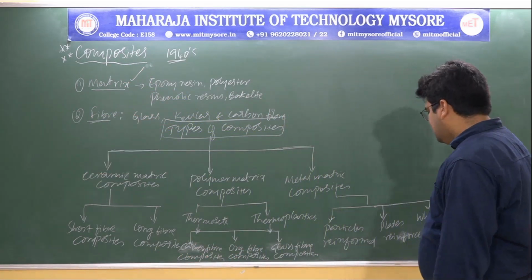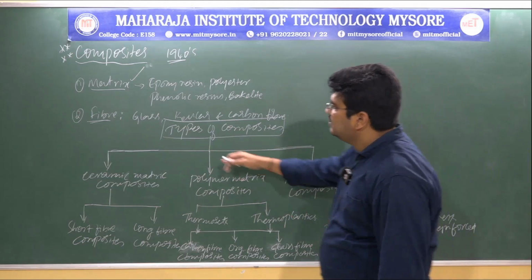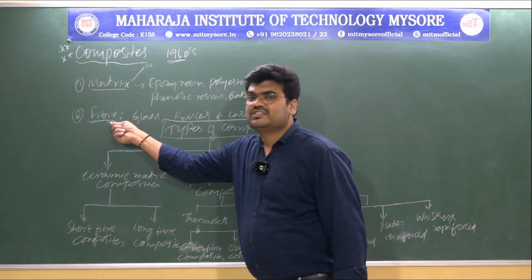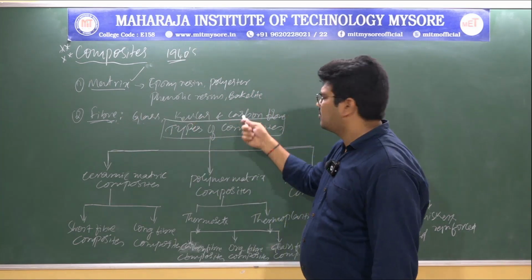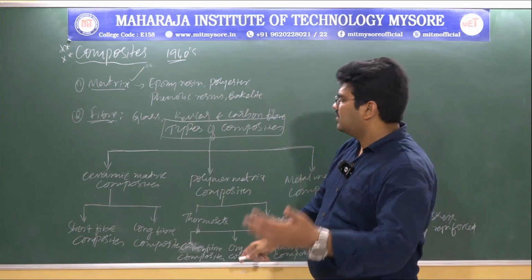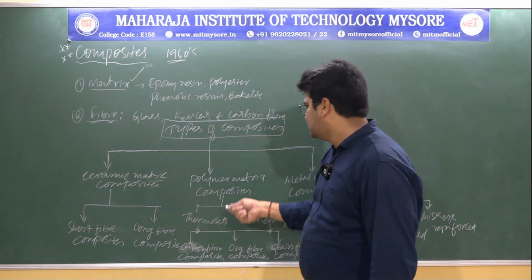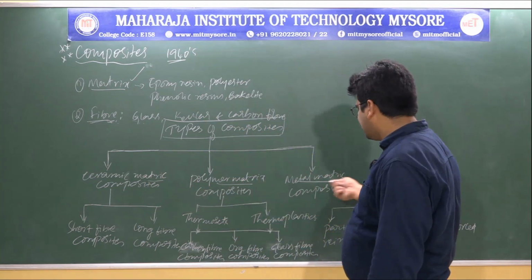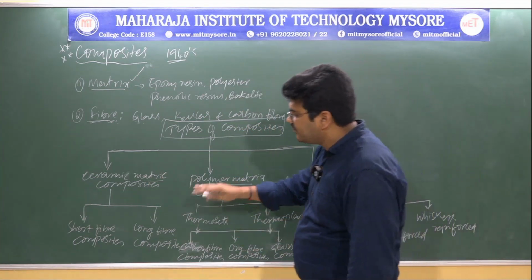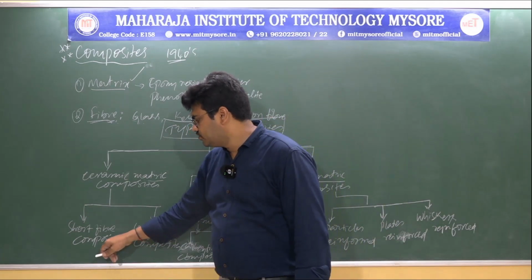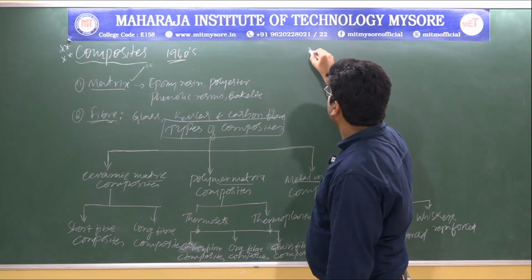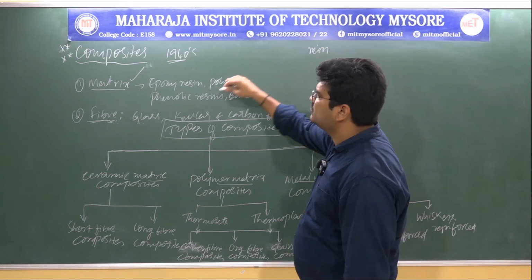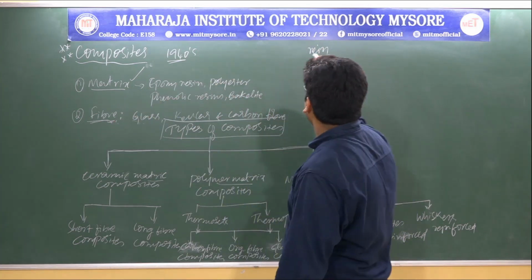Here I have given the example for polymer composites. The fibers used are glass, Kevlar and carbon fiber. For ceramic matrix composites and metal matrix composites, see the different types of reinforcements that are used in place of fibers.